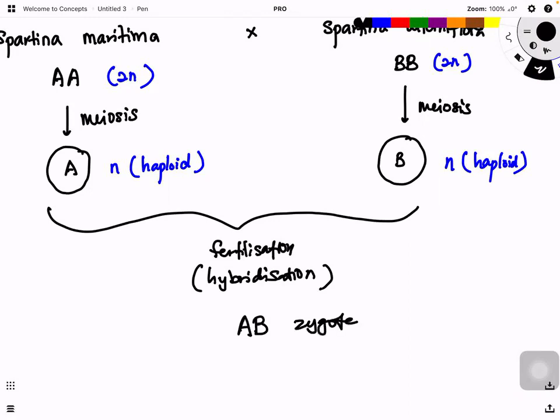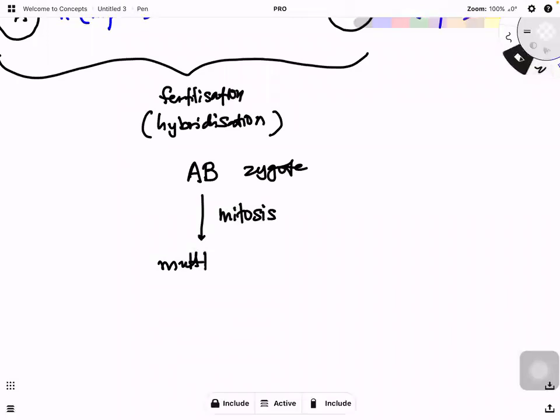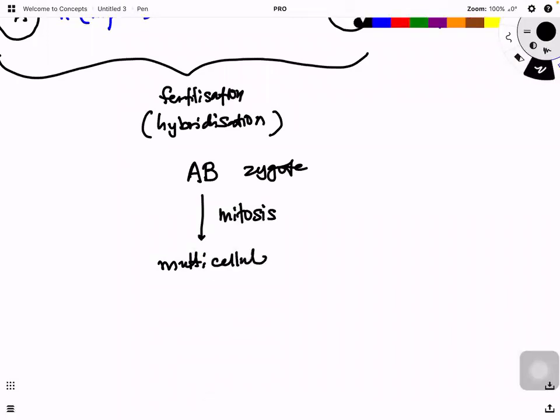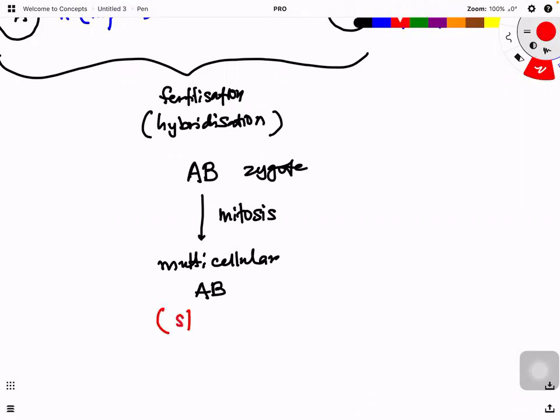If these zygotes develop and continue to divide by mitosis, they form a multicellular AB. But in this multicellular AB, A and B cannot pair up.